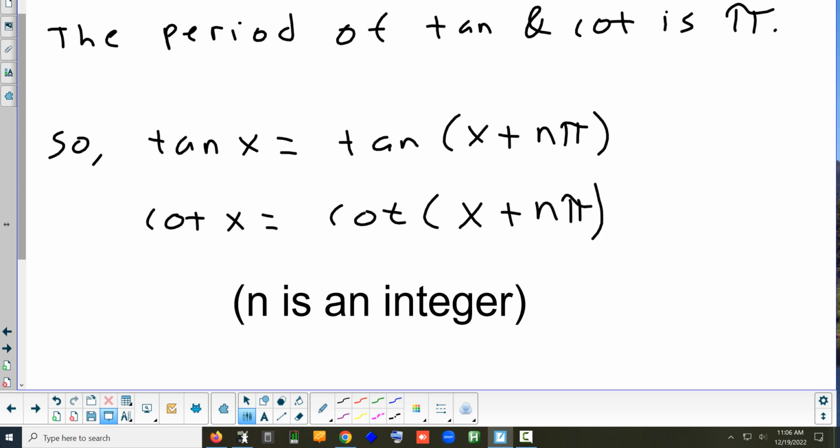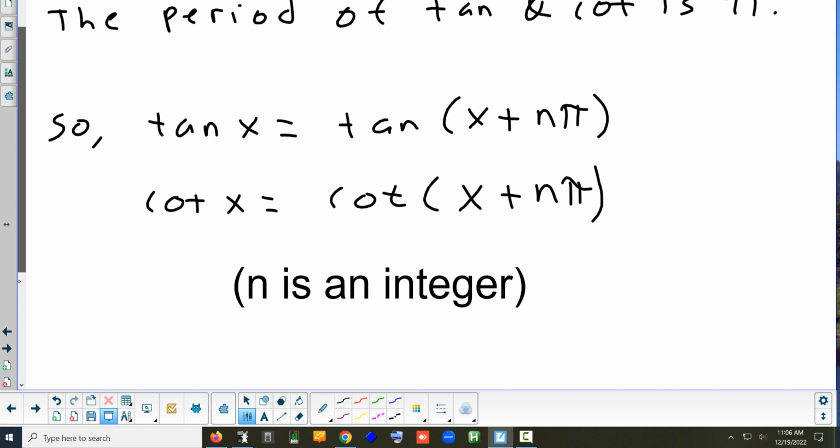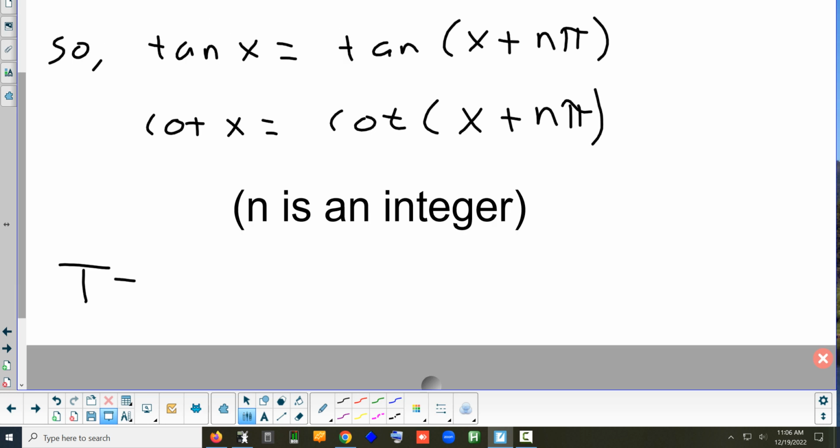Okay. Any questions on that? So, does anybody remember the formula we used for calculating the period for sine and cosine? It was T equals 2 pi over b, where b was the number in front of x inside the parentheses. This is for sine and cosine. That's going to be different with tangent and cotangent.